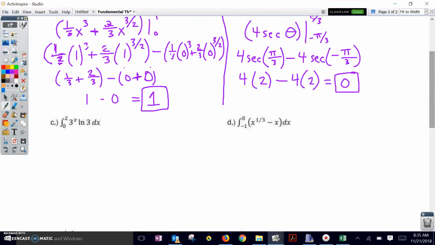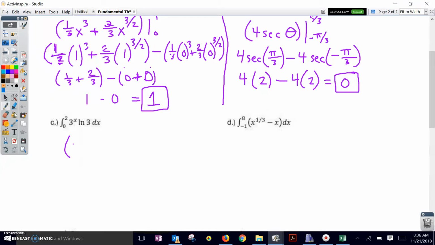Here we go. Part C. The integral from 0 to 2 of 3 to the x times the natural logarithm of 3. We need to find the antiderivative of this. Again, it's going to be really important here for us to be really confident with our basic derivative rules in order to find these antiderivatives quickly and easily. What do I take the derivative of to get 3 to the x times the natural logarithm of 3?